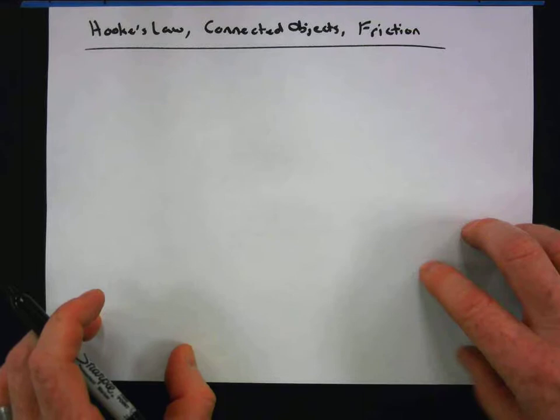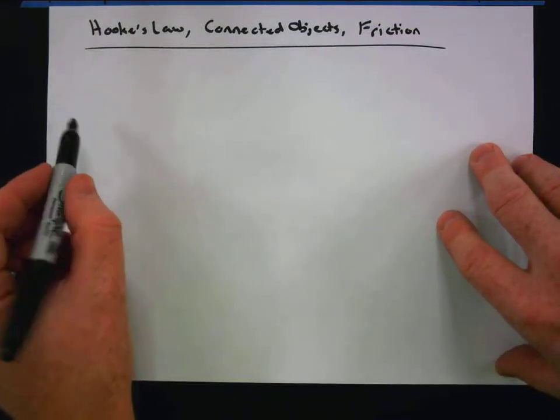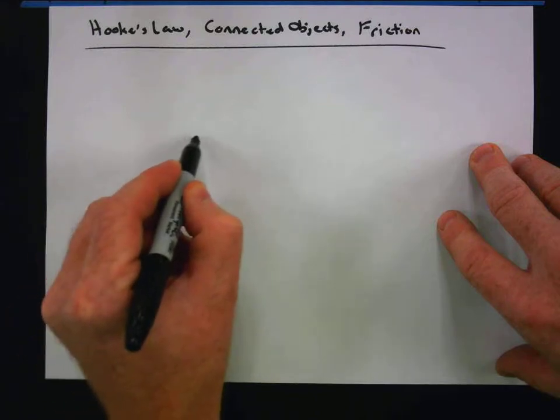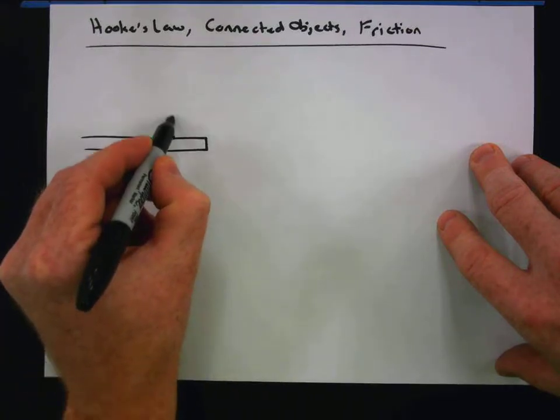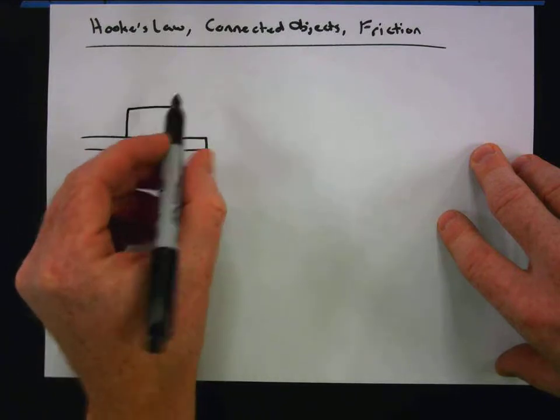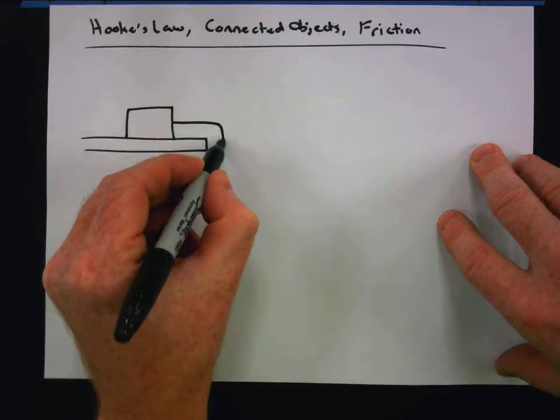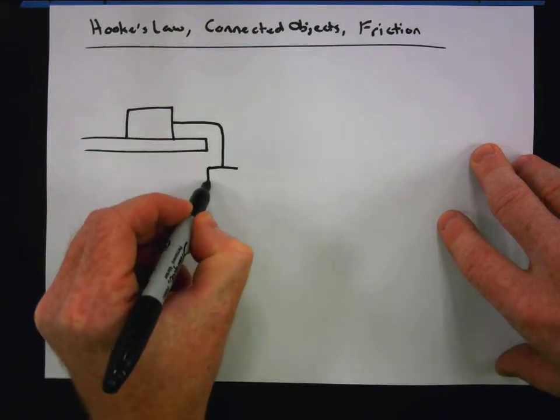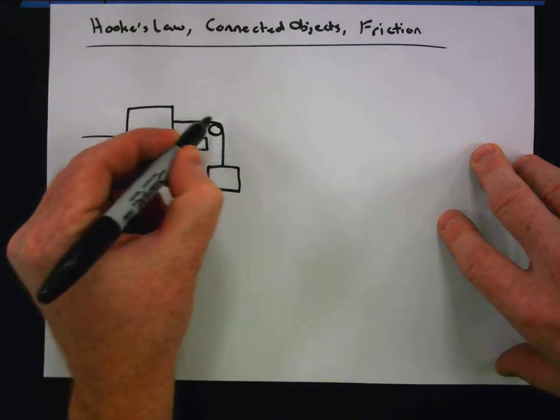Here's our situation initially. We have two objects. One is sitting on a horizontal surface. And this block is connected to another object here. The string is going over a pulley.